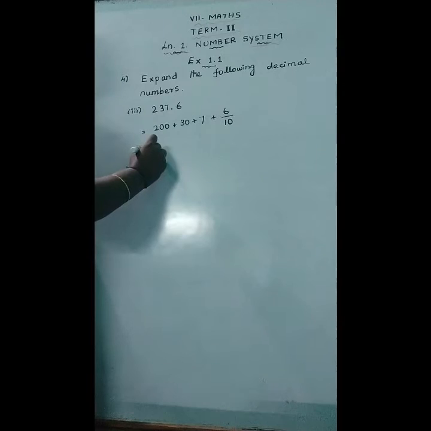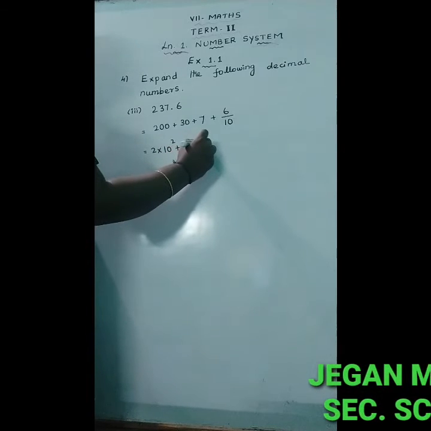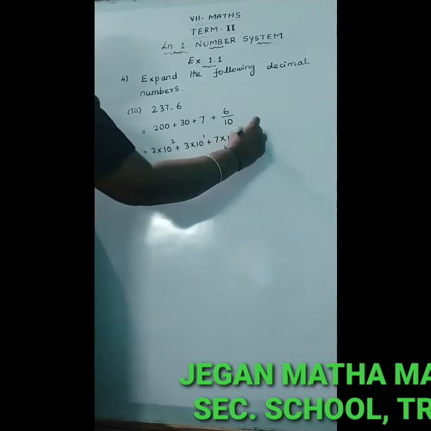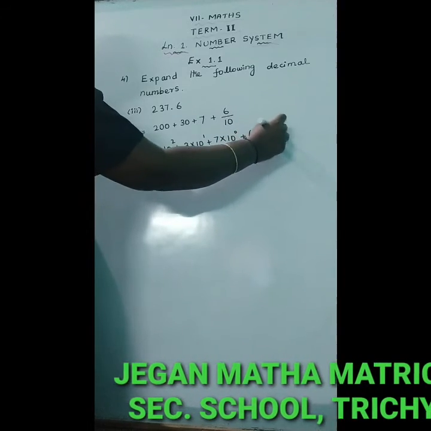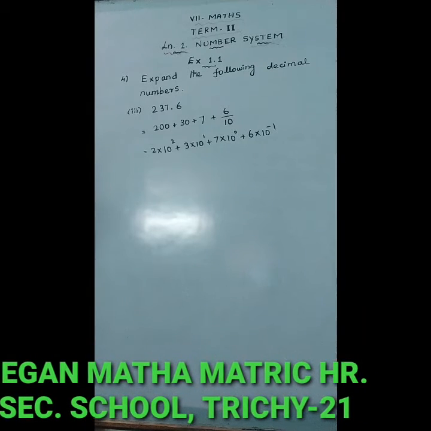So 200 we write as 2 into 10 power 2, plus 3 into 10 power 1, plus 7 into 10 power 0, plus 6 into 10 power minus 1. So this is the solution for the third one.